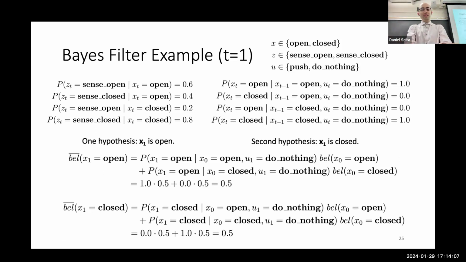But what did we accomplish here? It seemed like we went from our prior belief of 0.5 and 0.5 for both, but things didn't really change here, right? It looks the same. Now, why is that?